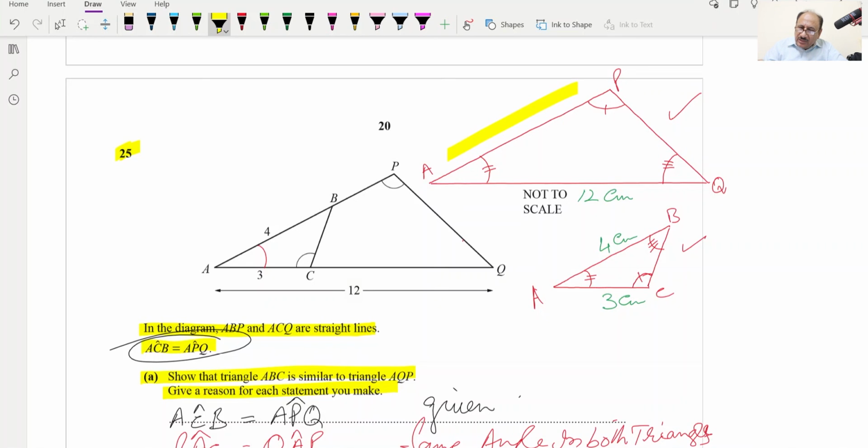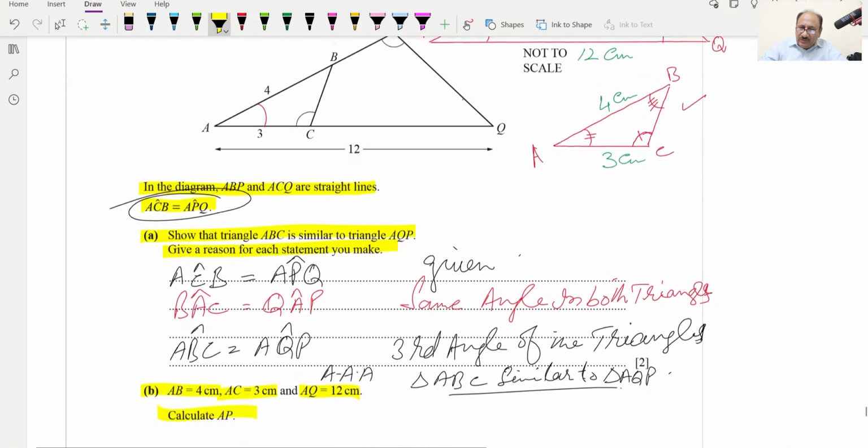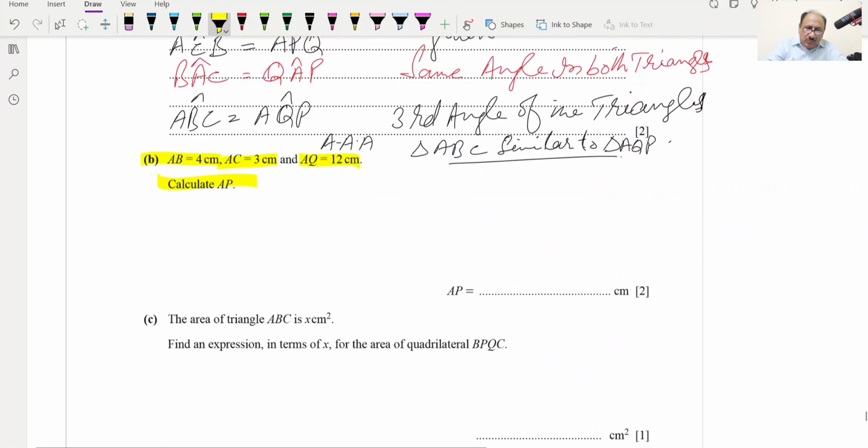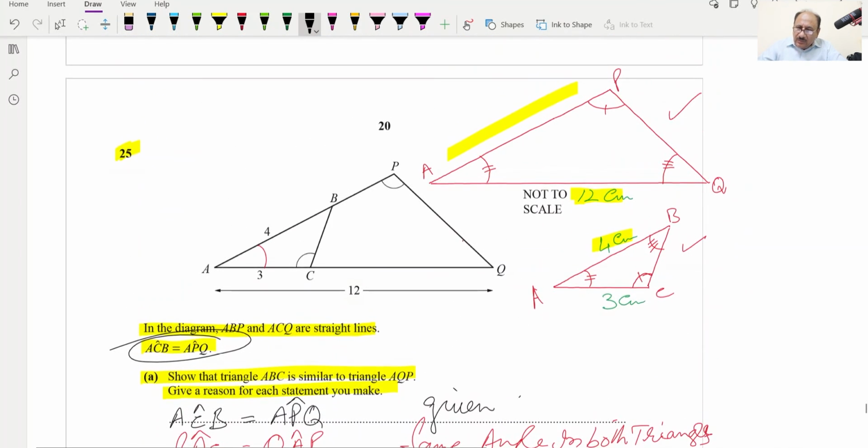If we check the ratio between AB and AQ, so ratio will be what? 12 over 4 basically. So K, the ratio between two, will be equal to 12 over 4, which is equal to 3, and it means that the triangle is enlarged by a scale factor of 3.